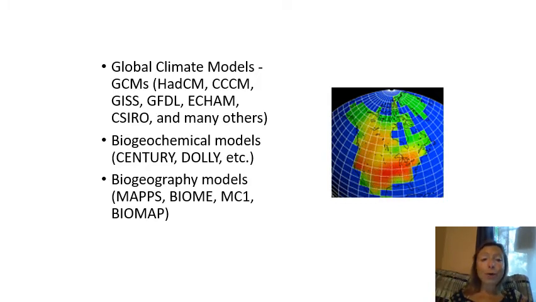And the biogeography models such as MAPSS, Biome, MC1 and BIOMAP are examples of models that help us to understand how global vegetation is shifting all over the world and how those vegetation zones, biomes, are changing as a result of the changes in the climate zones.